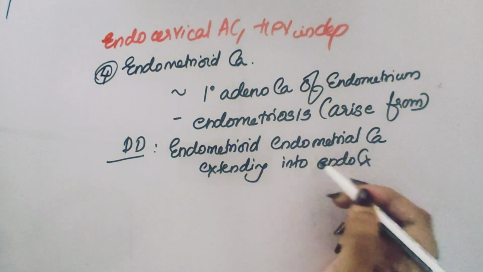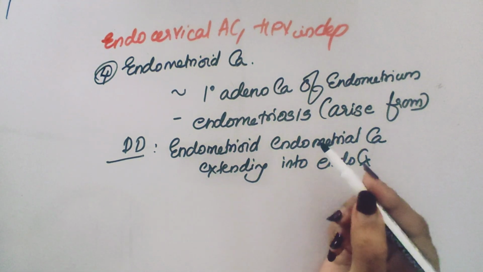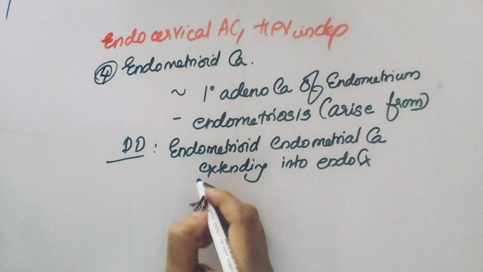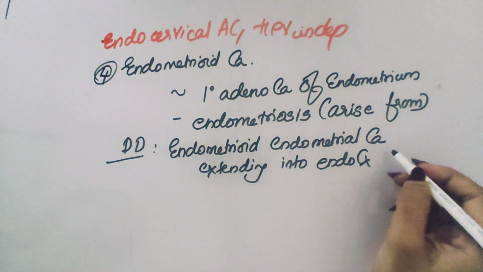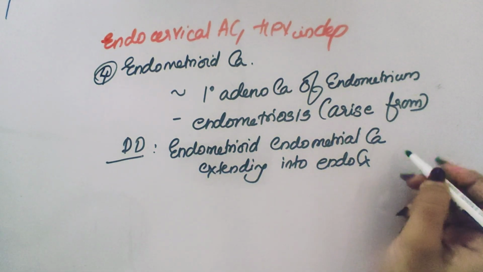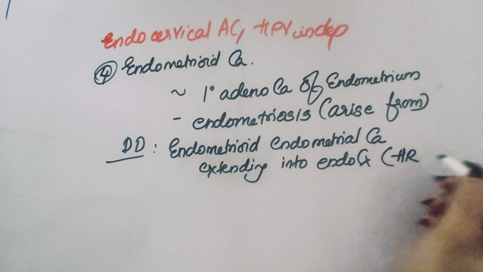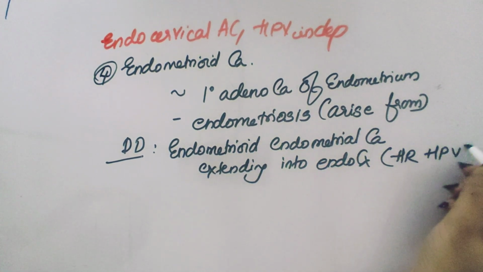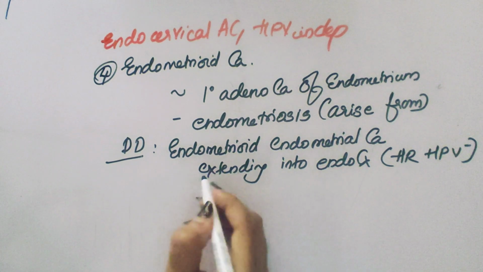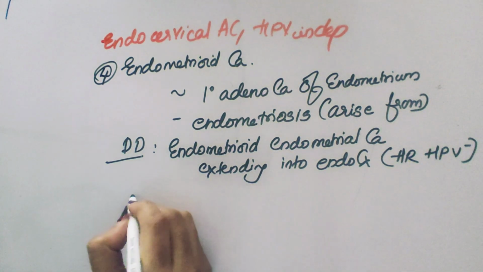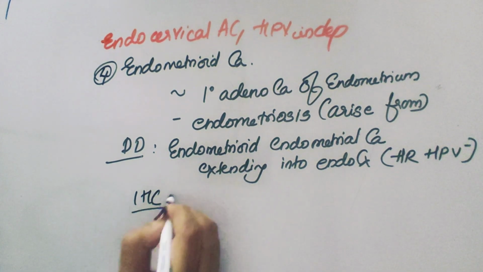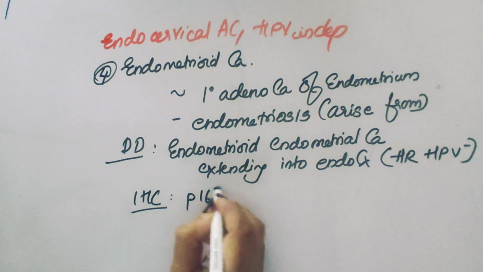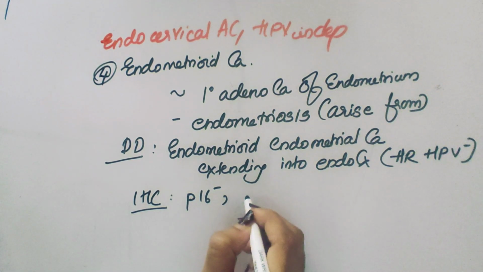Okay, I said about the endometrial carcinoma, which is already a DD of usual type of HPV independent also. So here, when you have to categorize it into endometrioid carcinoma, you have to know that it is HR-HPV negative. The IHC will show P16 negative, obviously.